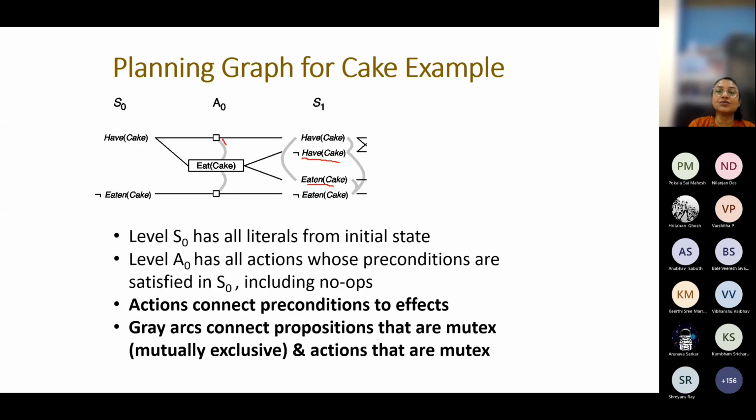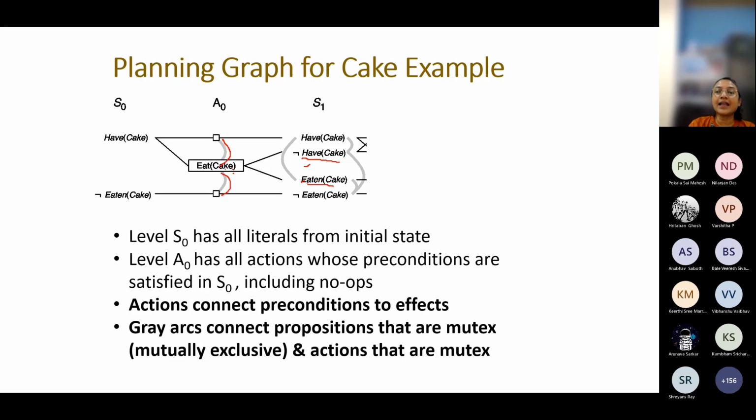Why is eat cake mutex with the maintenance of have cake? Because eat cake negates have cake, and therefore eat cake and this cannot take place simultaneously. Similarly, eat cake is also mutex with not eaten cake because the effect of eat cake is eaten cake. So these two are mutex.